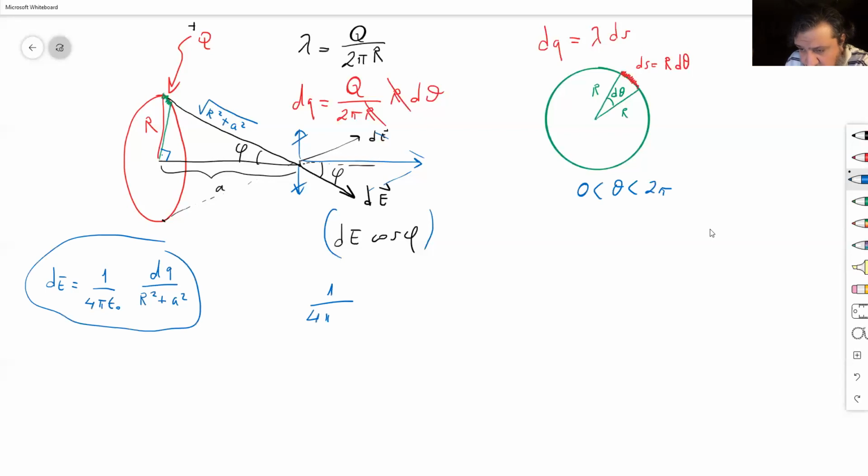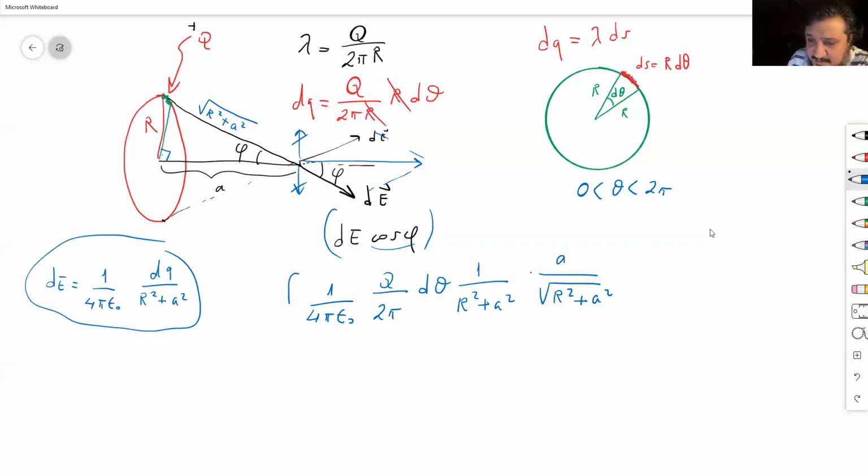Let's write it down. 1 over 4 pi epsilon 0 times dq, which is the total charge over 2 pi times d theta, times 1 over r squared plus a squared, and then cosine phi. Cosine phi is a over square root of r squared plus a squared. And I'm going to integrate this.